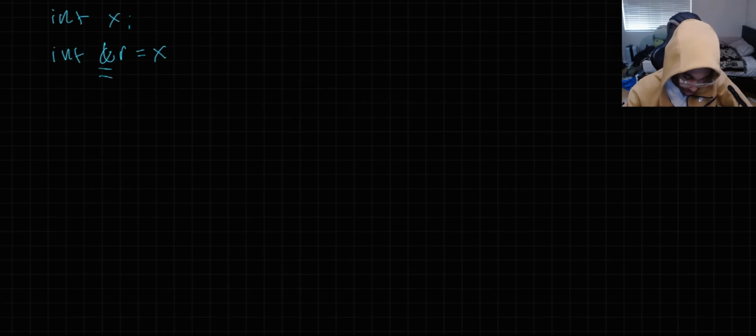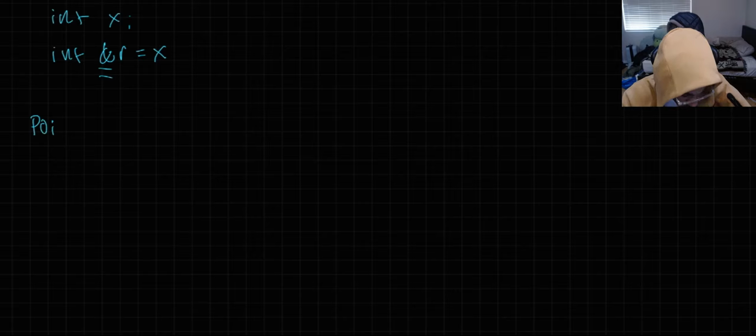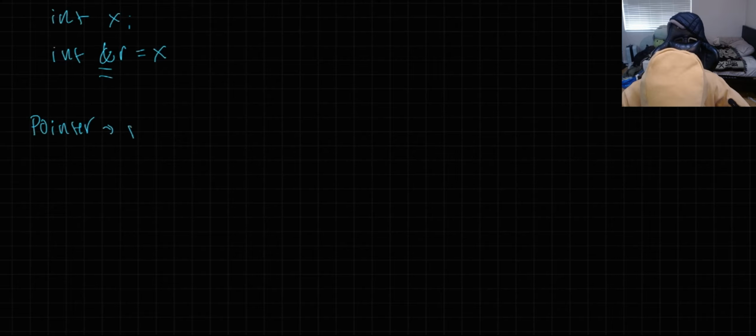Then we can do a pointer. A pointer is just an object in itself that stores the address of another object. So we can write: pointer, an object that stores the address of an object.